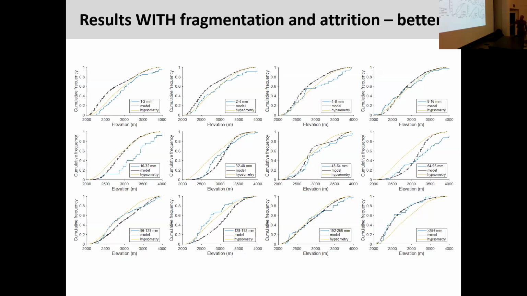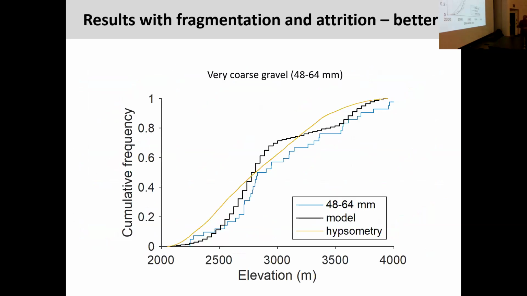One to look at is this coarse gravel, the 48 to 64, kind of in the middle here. This is what it looks like when we have the breakdown model. There's a weird kink in the middle that probably represents something about the catchment and where these sizes come from, showing up both in the thermochron data and in our model data. So we think we're onto something.